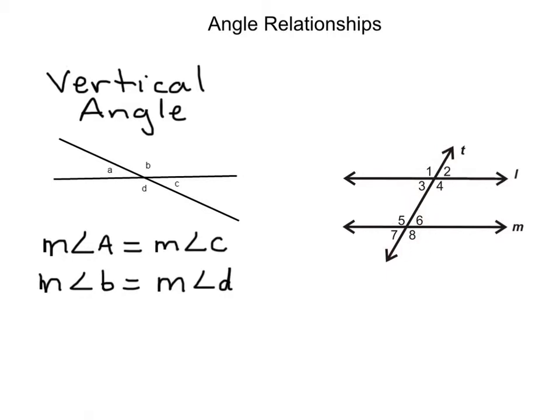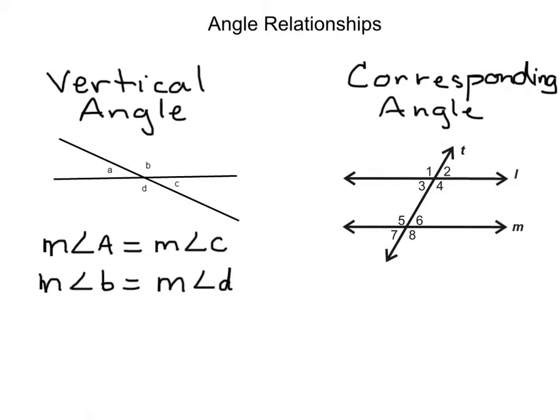Now, the interesting thing about this particular figure is what we're going to look at is called corresponding angles. Corresponding angles are angles that are in the same location as other angles. What I mean by that is this.